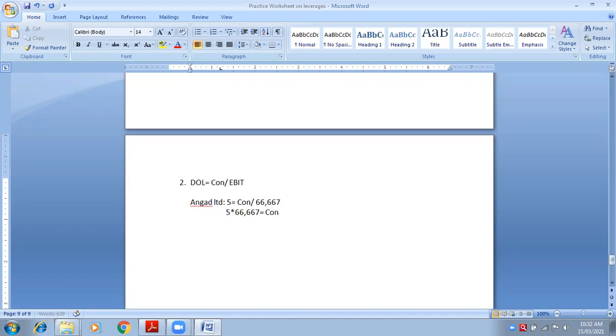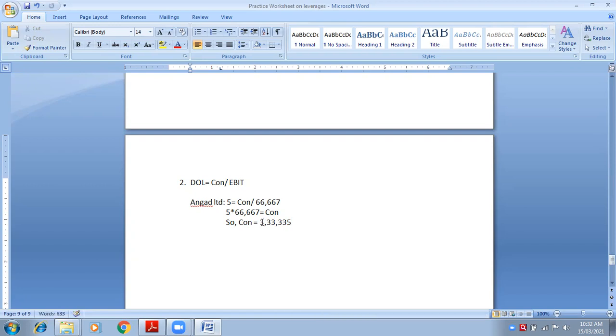Therefore, our contribution will be 3 lakh 66,667 into 5, which is 3,33,335.